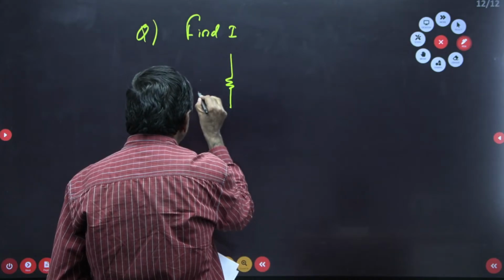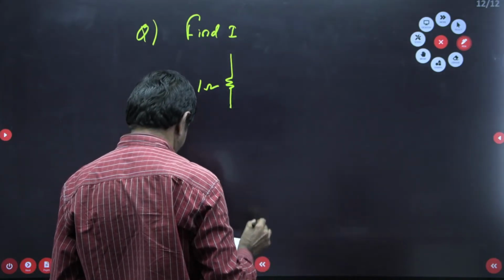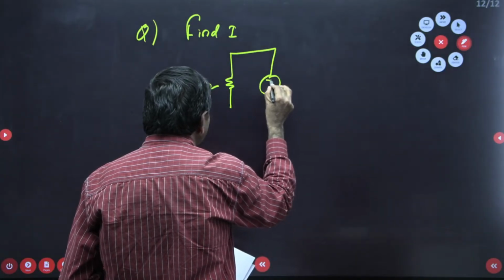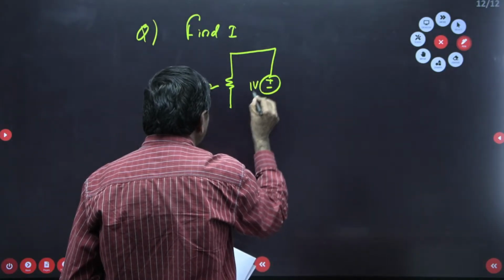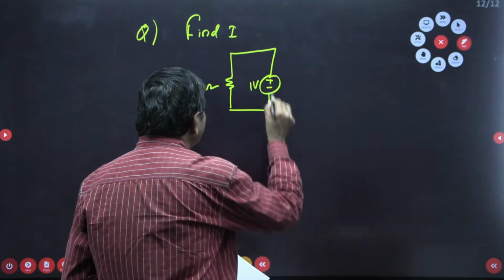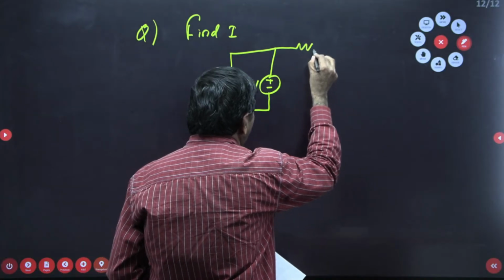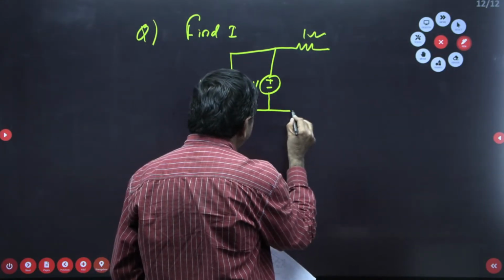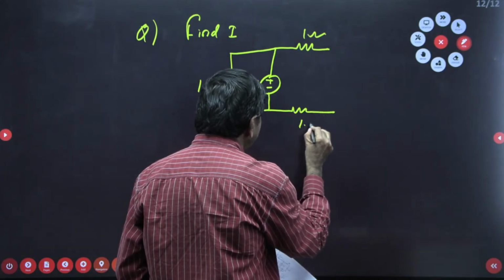A 1 ohm resistor here, connected with 1 volt. This is 1 volt. Here connected with 1 ohm, and here connected 1 ohm. This is also 1 ohm.